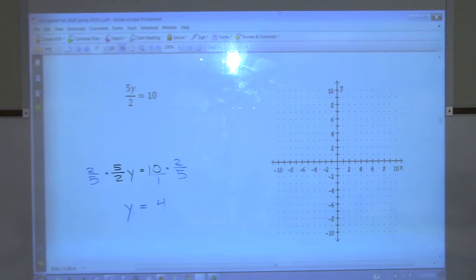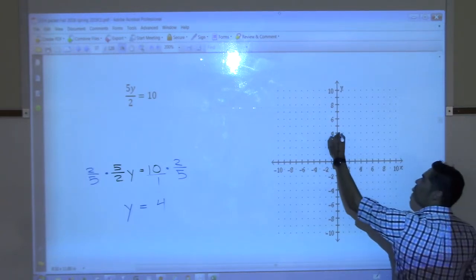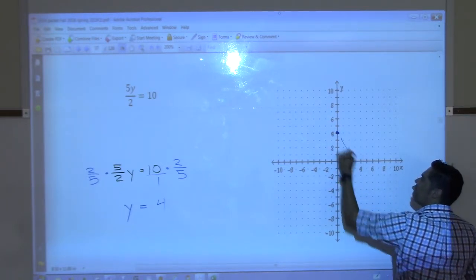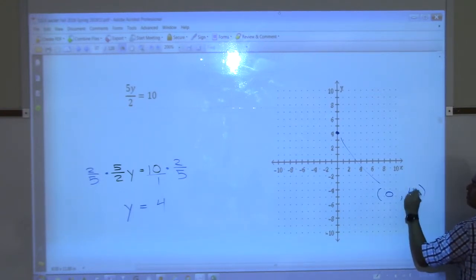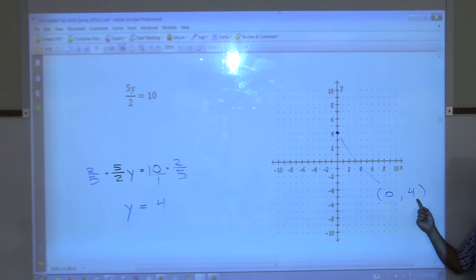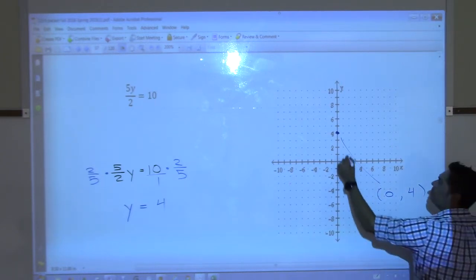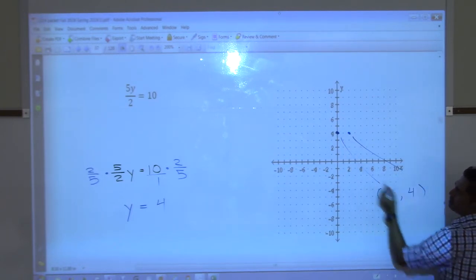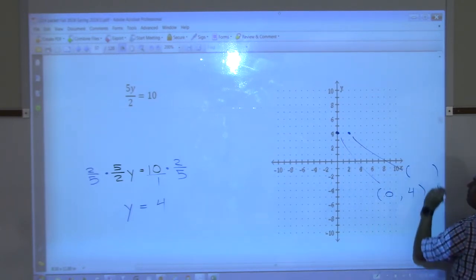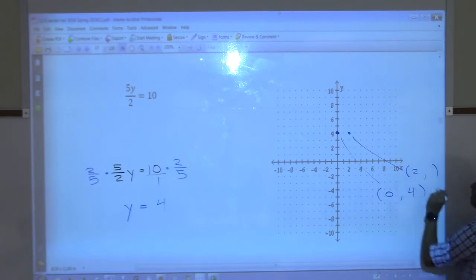So what does that mean in terms of a graph of a line? It's saying y has to be 4. So would this point work? What are the coordinates of that point? 0, 4. Is y 4 here? Yes. What about this point right here? What's the x coordinate? 2, and the y coordinate? 4.